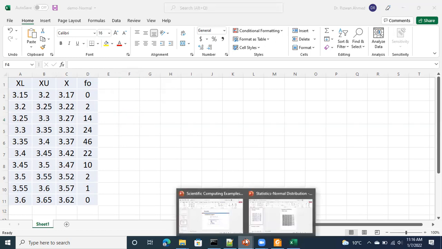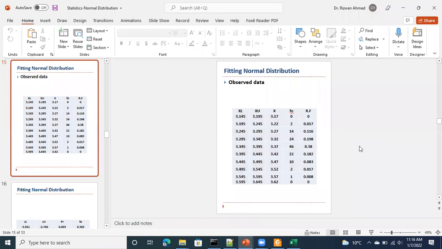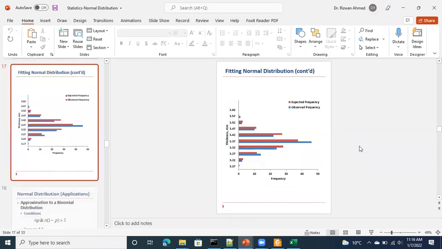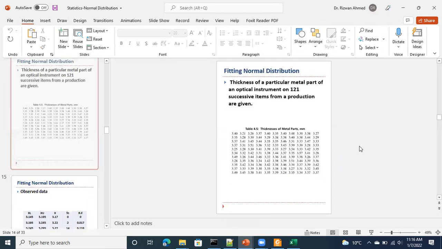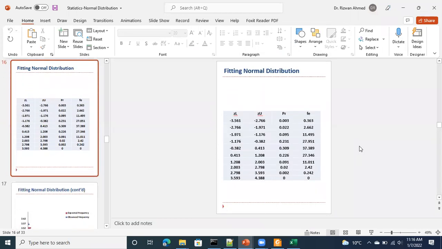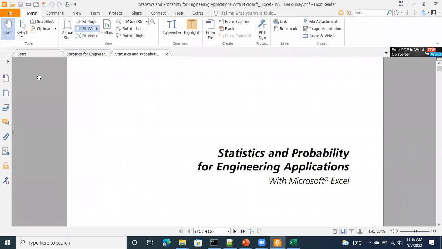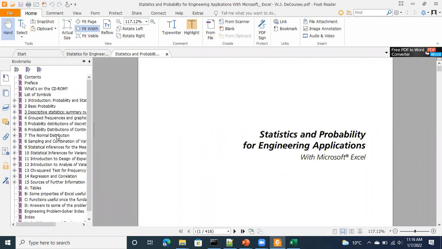Let me take those values from the book. The mean value is not given, so I would have to compute it. Otherwise, our demonstration will remain incomplete.